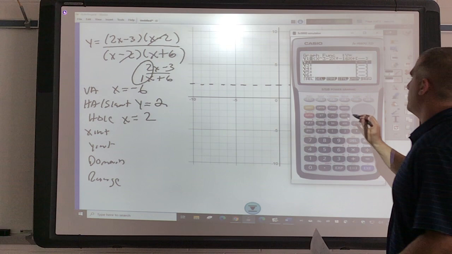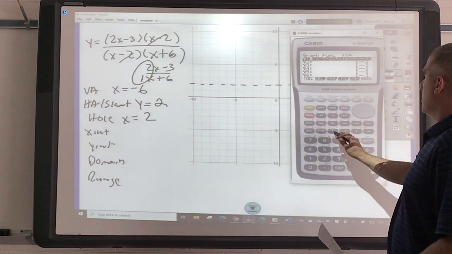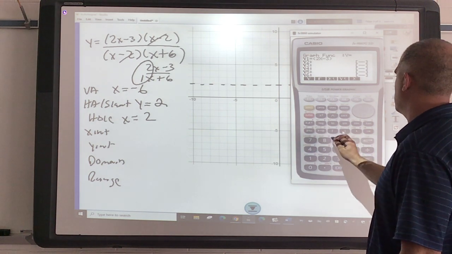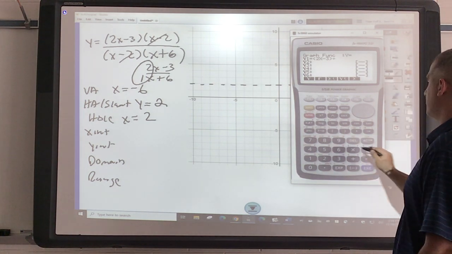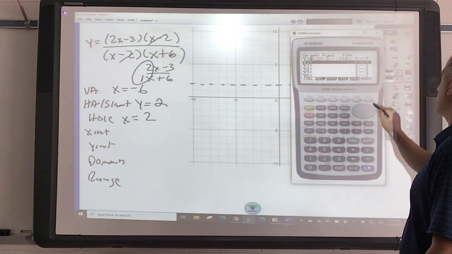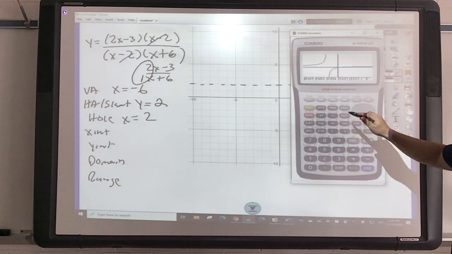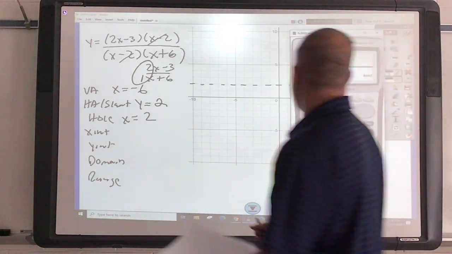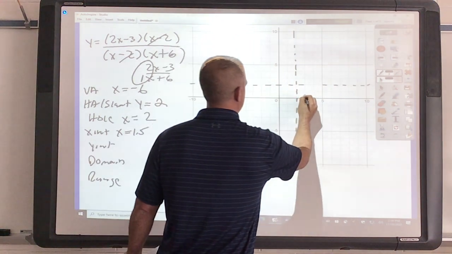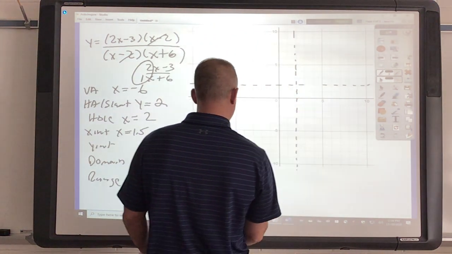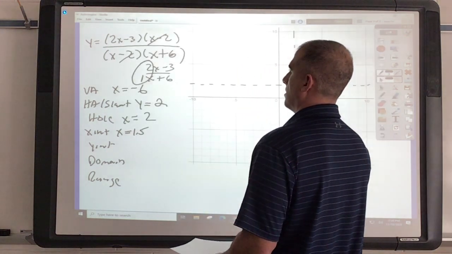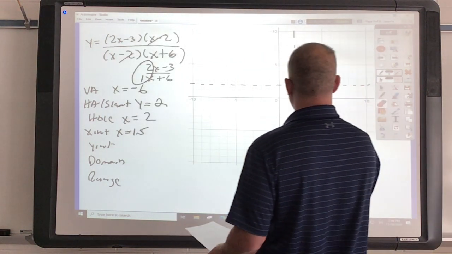I simply would do 2x minus 3, all right, divided by x plus 6 that's left over. Okay, G-solve root. I've got an x-intercept at 1.5. Oh, I put the vertical asymptote in the wrong place, didn't I?